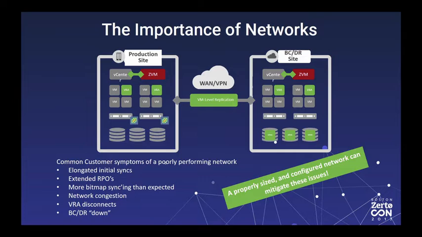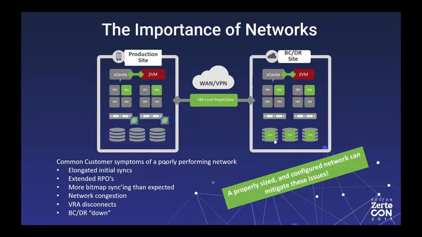So a bit about the symptoms. Common customer symptoms of poorly functioning networks are elongated initial syncs, extended RPOs, more bitmap syncs than you would expect. You keep seeing bitmaps, you're saying, okay, I don't think this should be like this. Network congestion.